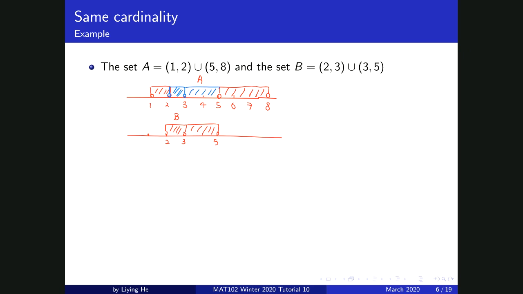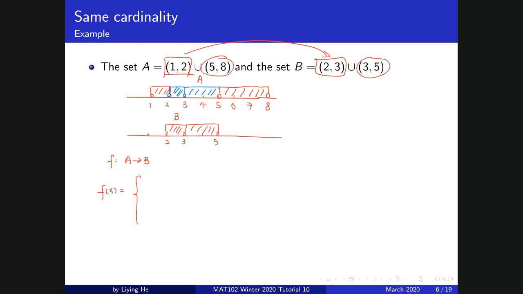So again, someone mentioned that we need a piecewise function, so I'm going to write that down. Let's say A to B, f of x equals something. As one of you mentioned, we want to map 1, 2 to 2, 3, and then map 5, 8 to 3, 5.